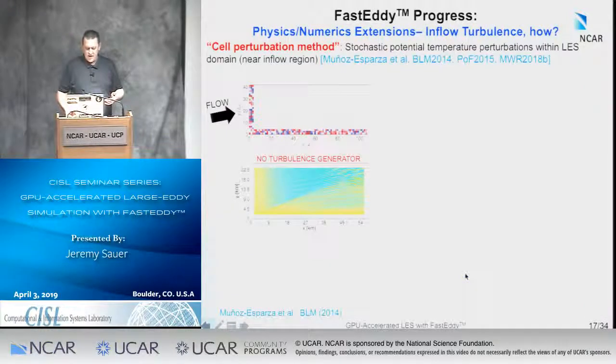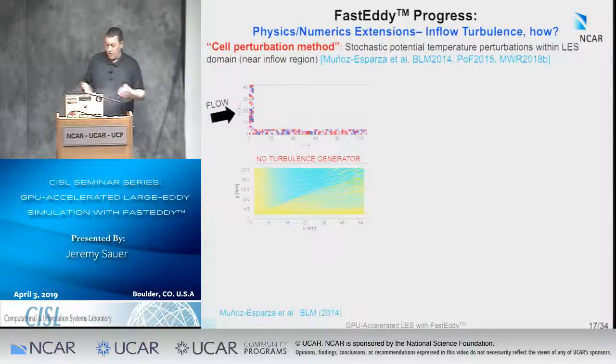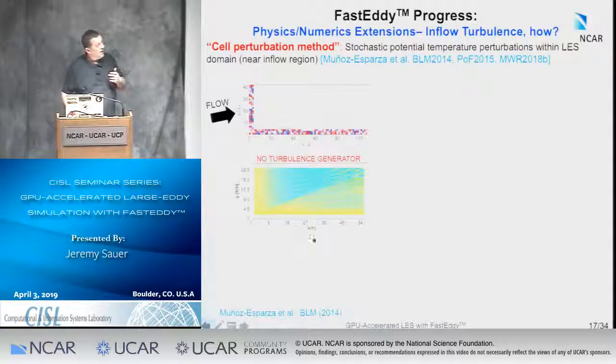So what Domingo and his colleagues came up with is an approach called the cell perturbation method. What they do is apply stochastic potential temperature perturbations to a region on the inflow boundaries that kick up and instigate resolved turbulence within the LES domain.